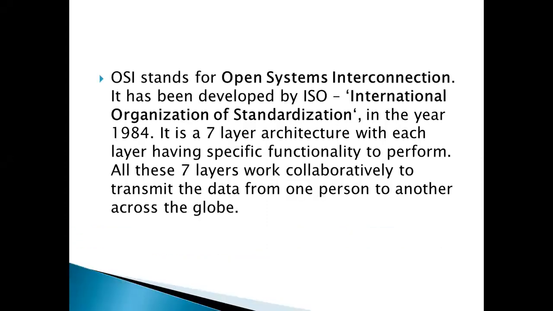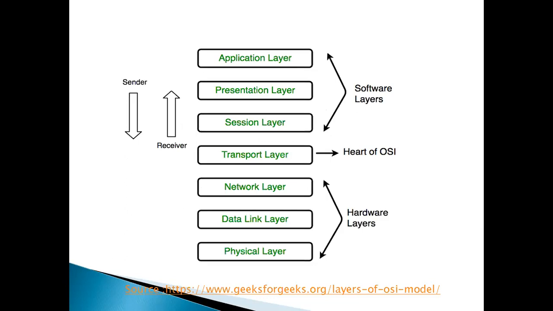OSI stands for Open System Interconnection, developed by ISO, the International Organization for Standardization, in 1984. This model is also named the 7 layer model. It starts with the application, presentation, session, transport layer, network layer, data link layer, and physical layer.